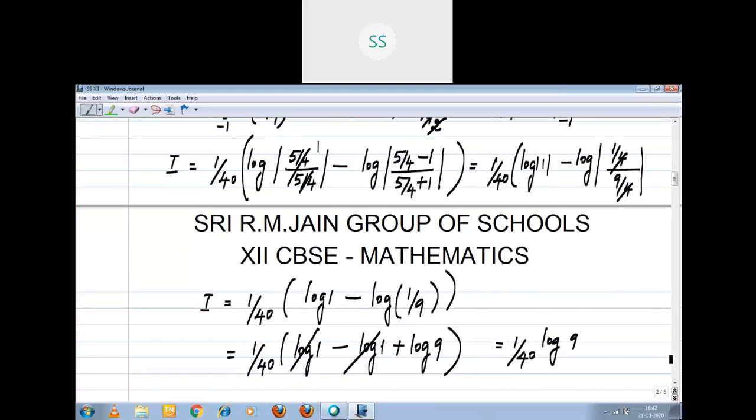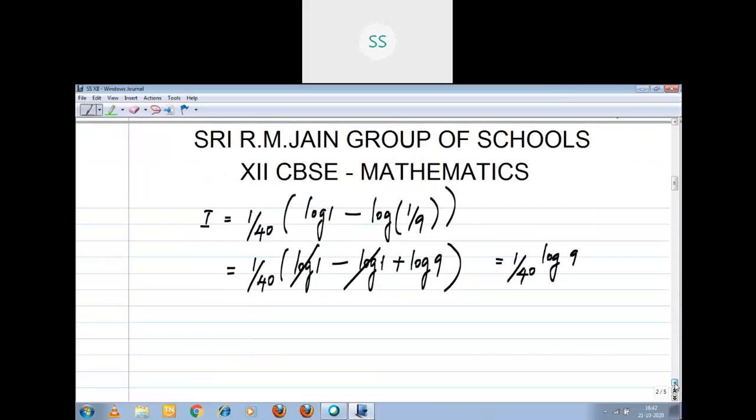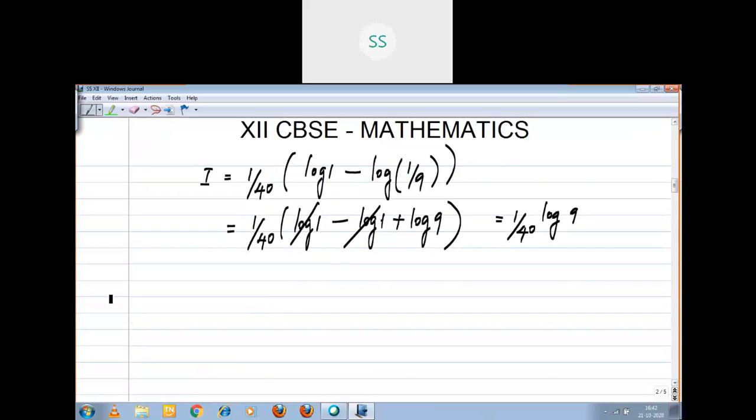Now I am going to move to question number 31. Integral 0 to pi by 2 of sin 2x tan inverse (sin x) dx. I equals, first I am going to expand sin 2x using the identity.